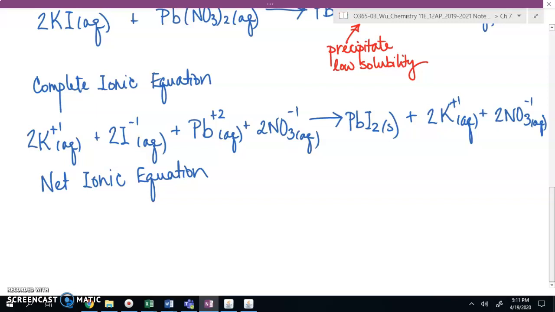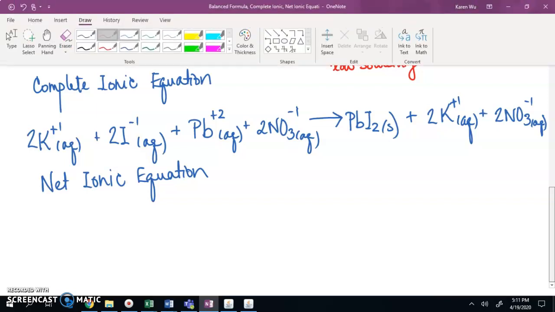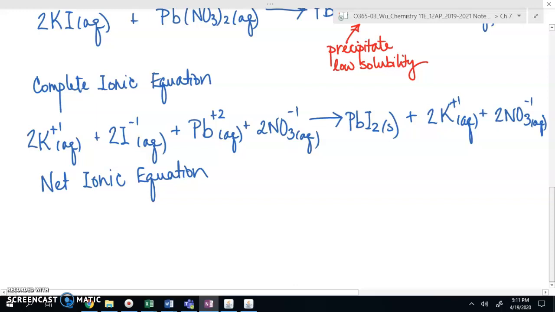Let me grab a different color pen. Who didn't do anything? The potassium ion on the left-hand side and the potassium ion on the right-hand side. So the potassium ion went into the reaction and came out of the reaction unchanged. Similarly, the nitrate ions went into the reaction and came out unchanged. So these are called our spectator ions. Spectators sat around and watched, right?